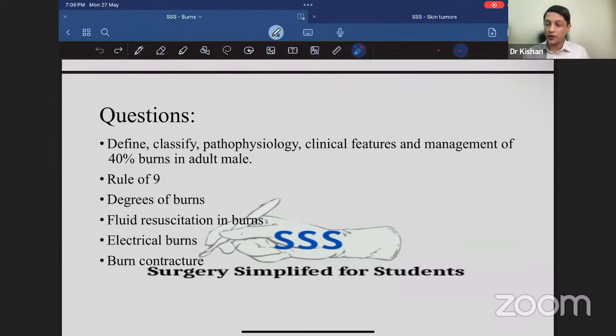And very important is fluid resuscitation in burns. Two separate questions can be asked in this topic, that is electric burns and inhalational burns. Again, important. And as post-burn sequelae, they can ask what the complications of burn injury are. The most important of them is burn contracture. We'll know about that also.